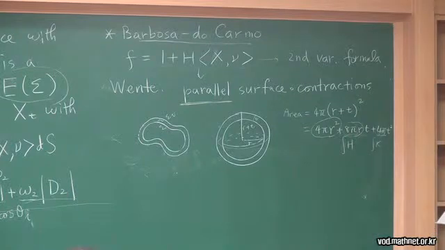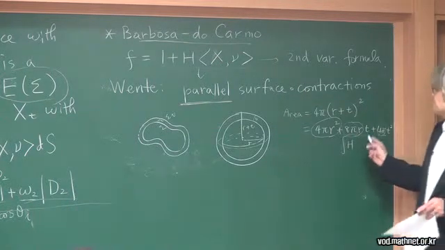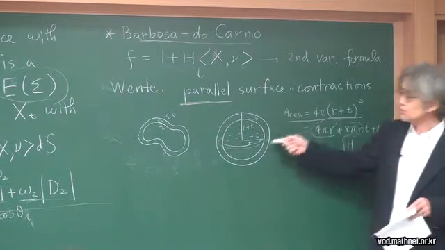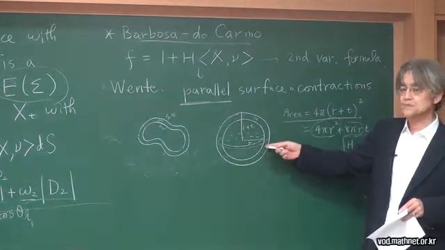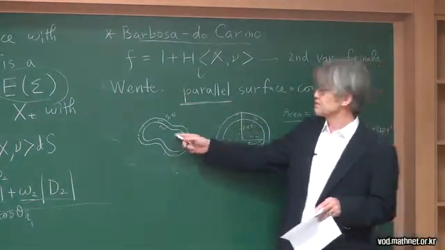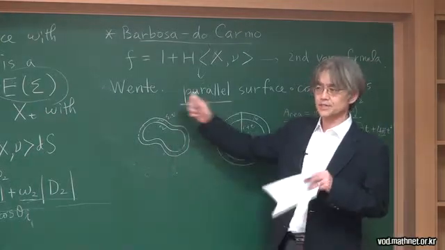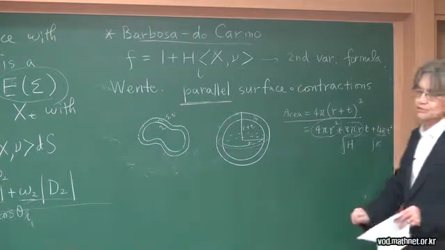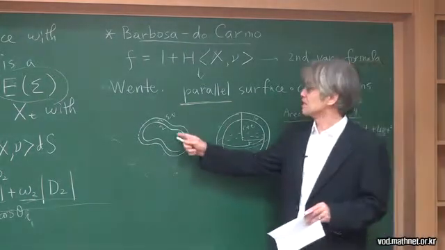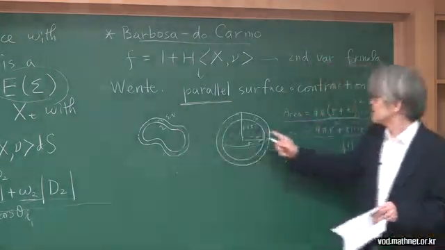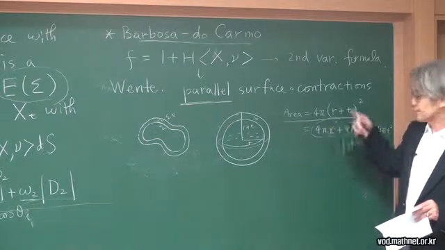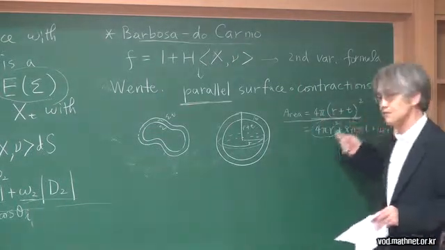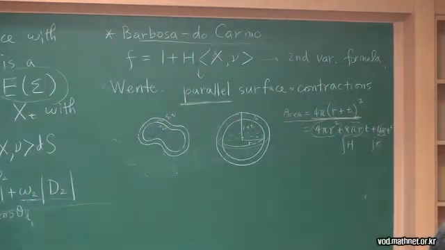This formula holds not only for these parallel spheres, but even for these parallel surfaces in a very natural way. So let me introduce the area formula for these parallel surfaces, which is a generalization of this area formula. That's called the tube formula.